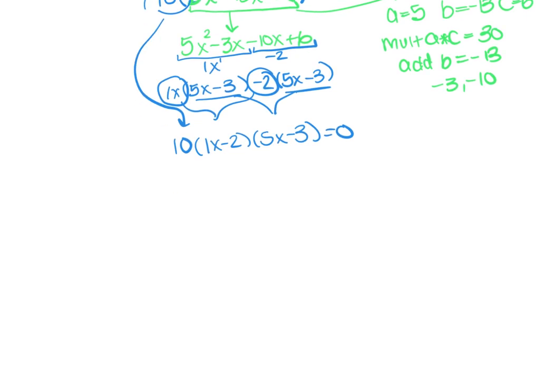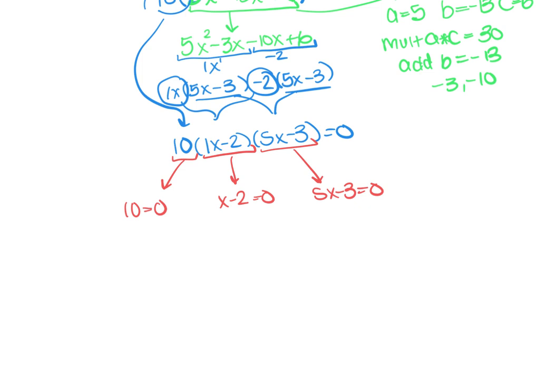Now, because we have something times something equals 0, we have the zero product property, so we can set 10 equal to 0. We can set x minus 2 equal to 0, and we can set 5x minus 3 equal to 0. And then we can find all the values for x that make this equation true.